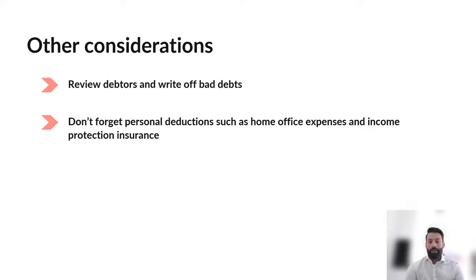With home office expenses, the ATO has a concessional COVID rate of 80 cents for every hour you work from home. And if you were to work from home full time, and you have done for all of 2022, that home office deduction can be up in the range of $2,000. So these deductions, we're talking hundreds of dollars of tax saving. So definitely worth keeping those in mind when you're doing tax planning.